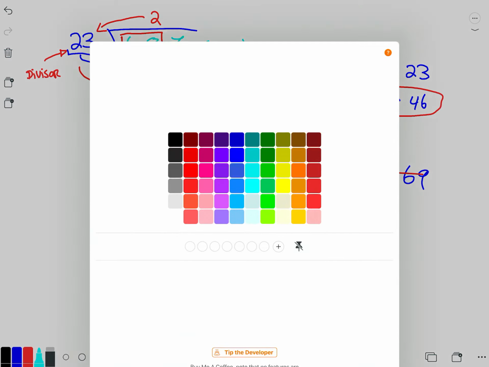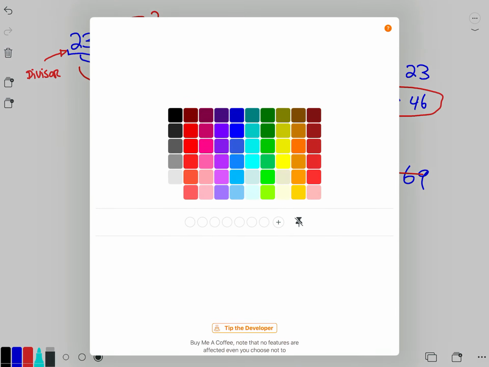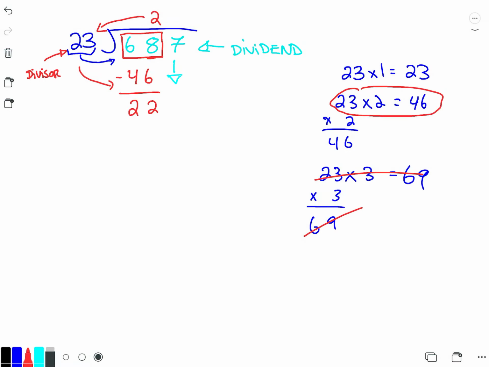So now the question is, how many times does 23 fit inside 227? All right, I'm still going to have to do some math here. So let's see. I can't do the same trick I used in the beginning. I have to now try the whole thing. So how many times does 23 go into 227? Let's keep doing our math over here.